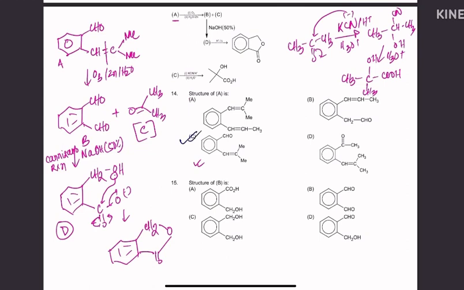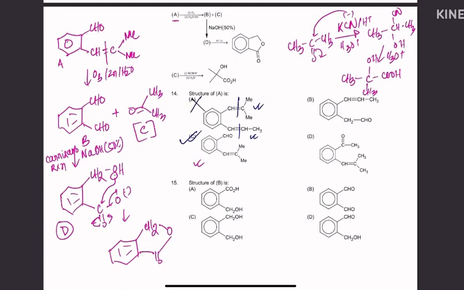But your question will be, if it is A, why is it not A? It is not, because if I do ozonolysis, in the first step it will give 3 products. One is acetone, another is acetaldehyde, and there is a 1,2-phenyl compound with aldehyde groups in the 1,2 positions. So A is not possible.